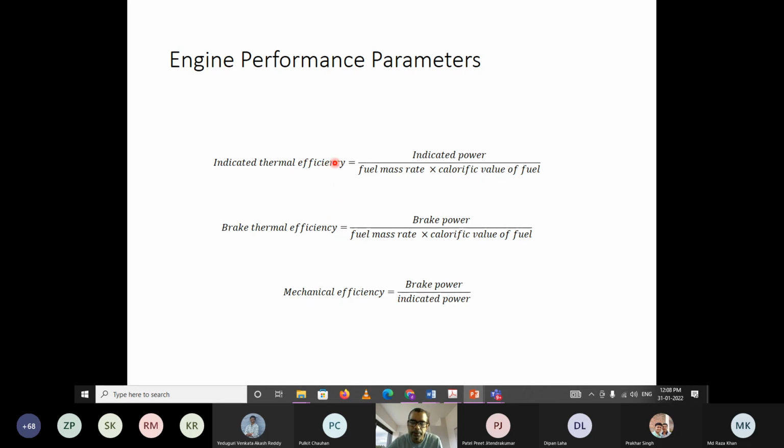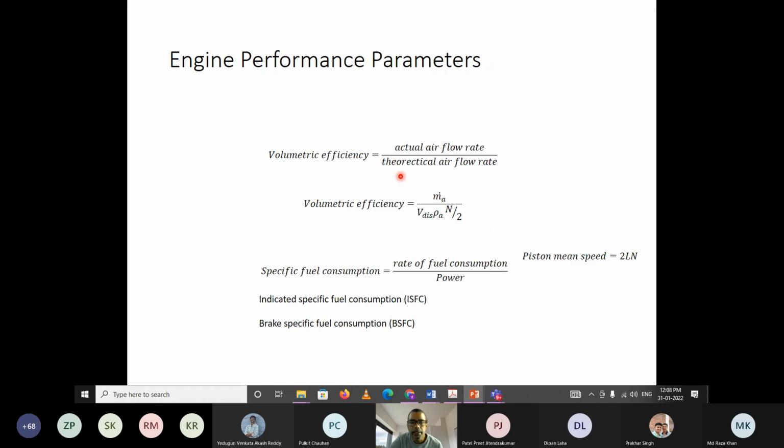Indicated thermal efficiency is always higher than brake thermal efficiency, because when power is transmitted from the piston to the flywheel, there are losses such as mechanical losses, transmission loss or coolant loss. Therefore, the useful brake power is always lower than the indicated power.